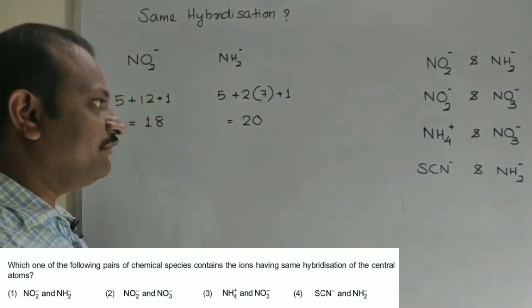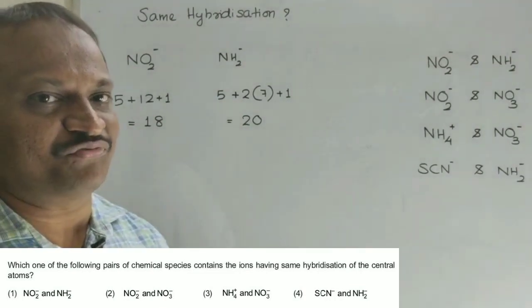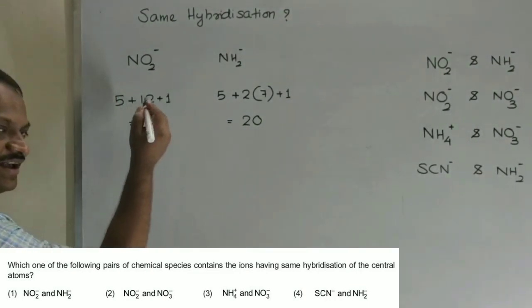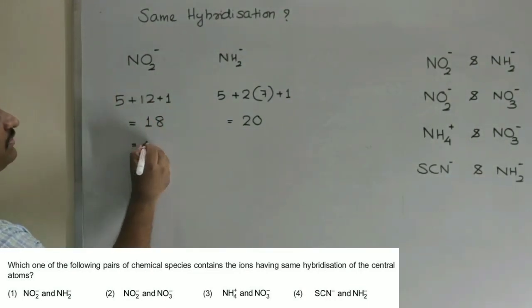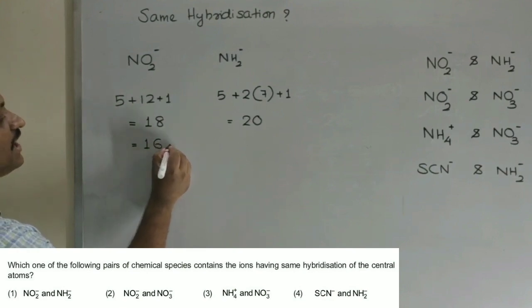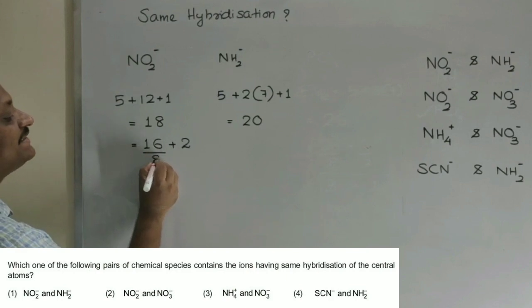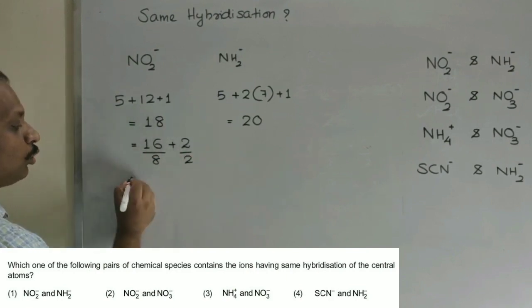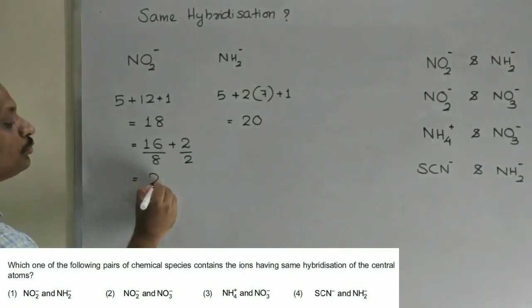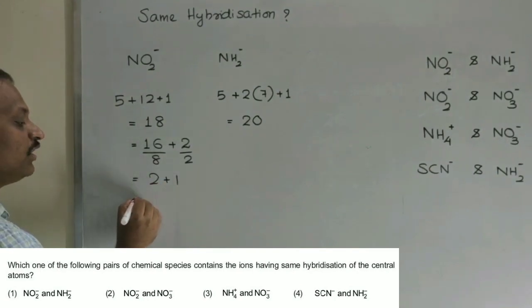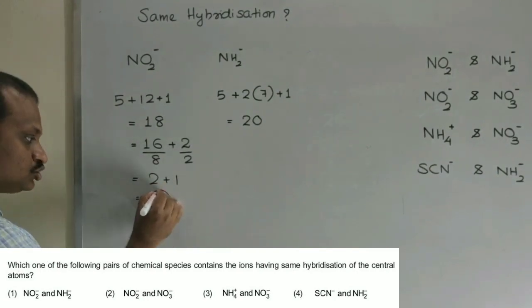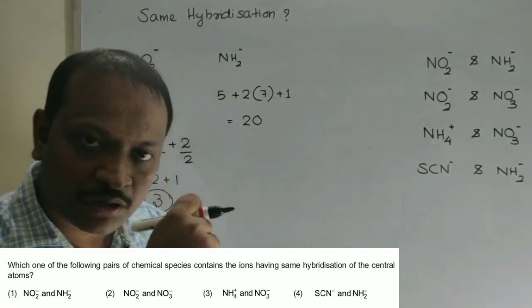Anyway, let me say what is the hybridization of this species. As in the case of the earlier one, I have to split this into 16, and what is the remainder? 2. Divide 16 by 8, 2 by 2. What do you get there? You are getting 2 plus 1, which means 3. So the steric number is 3.